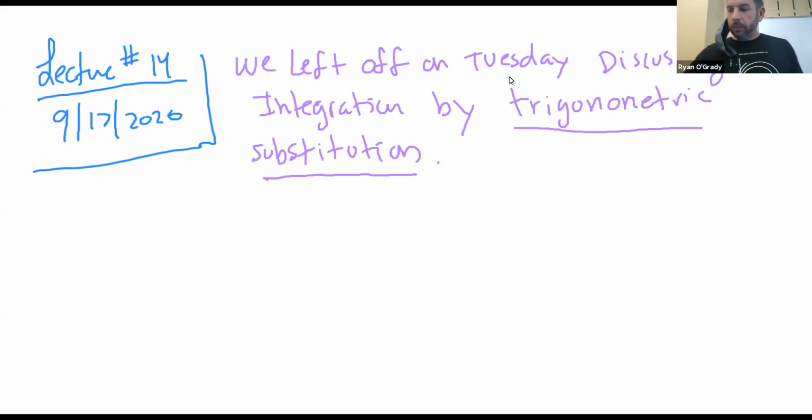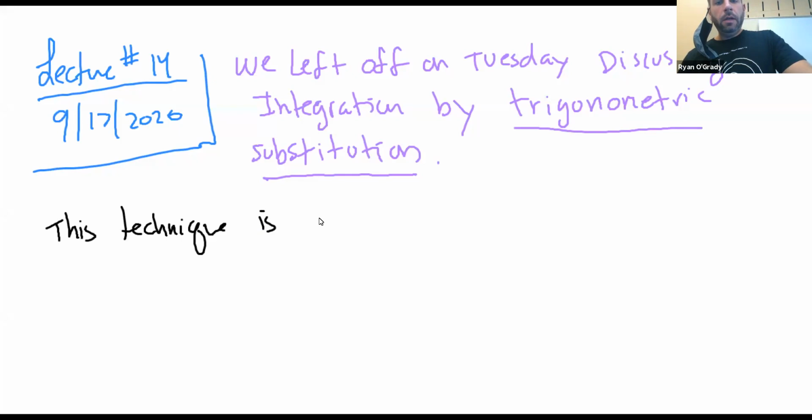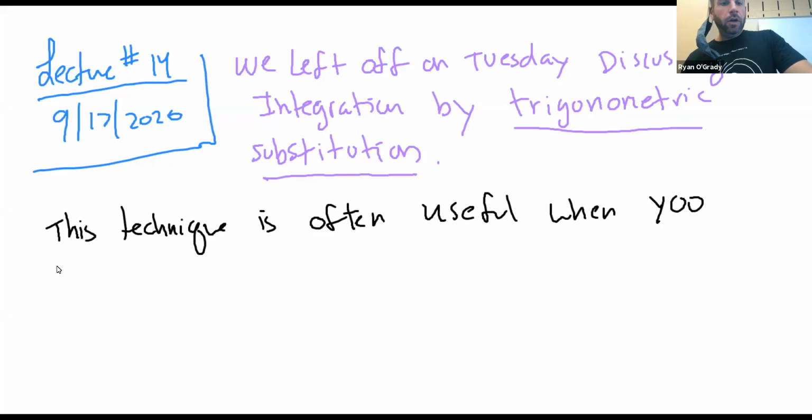All right, so let's talk more about this then. And when is it useful? So this technique is often useful when you see terms such as this.